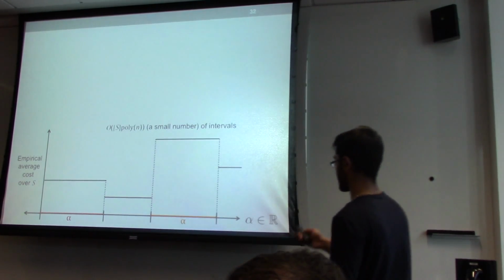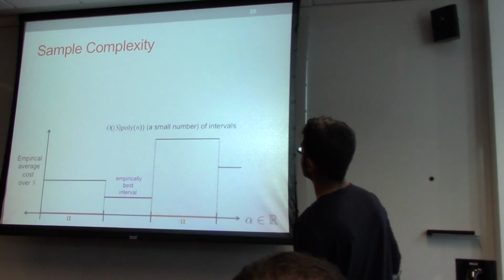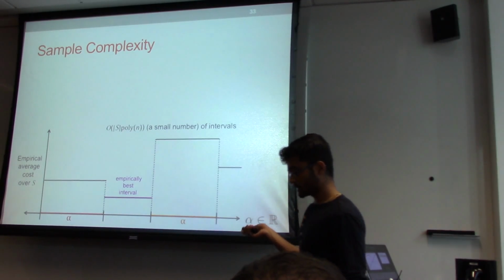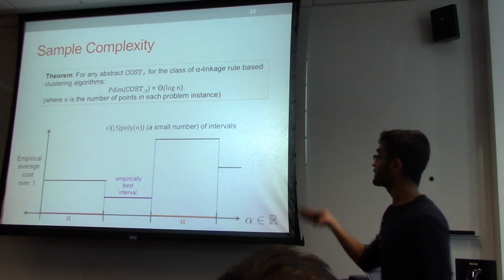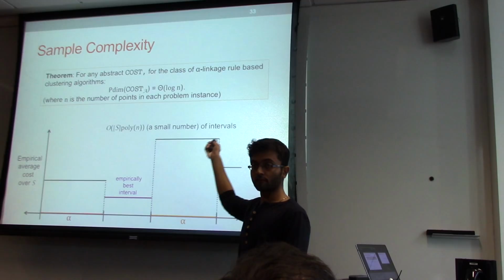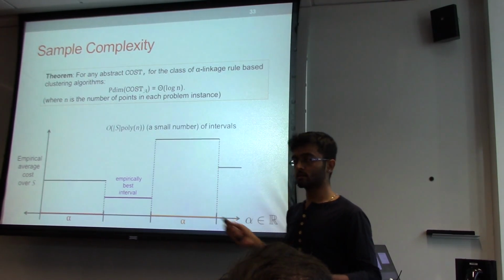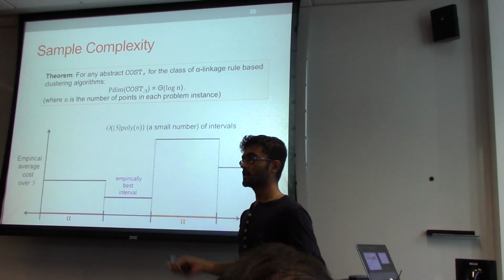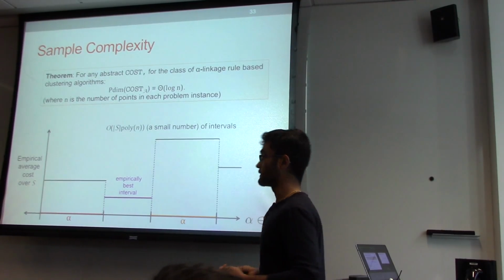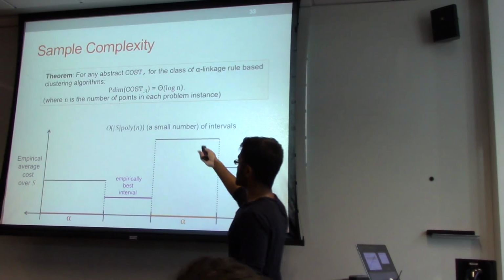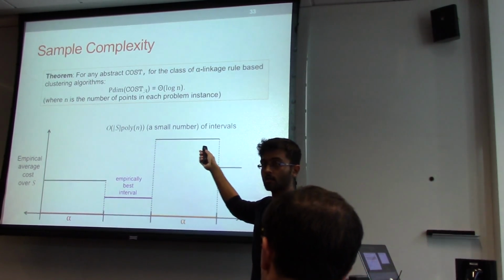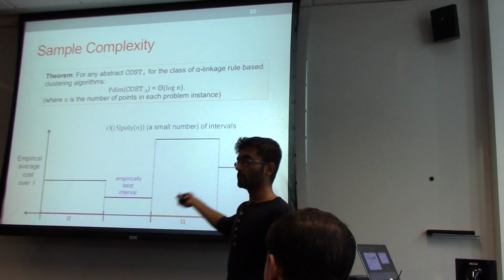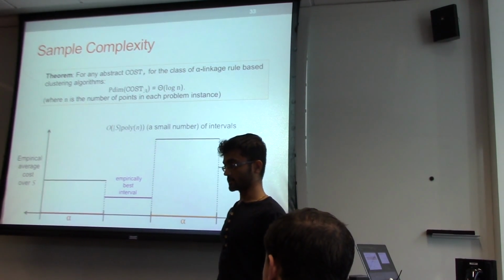Okay. Thanks for clarifying. So what this gives us is first a pseudo dimension bound, where we show that the pseudo dimension of cost sub A, recall that cost sub A is the set of functions where the cost has been instantiated for each algorithm, is upper bounded by log n because of this cool property, which automatically gives us a sample complexity upper bound.